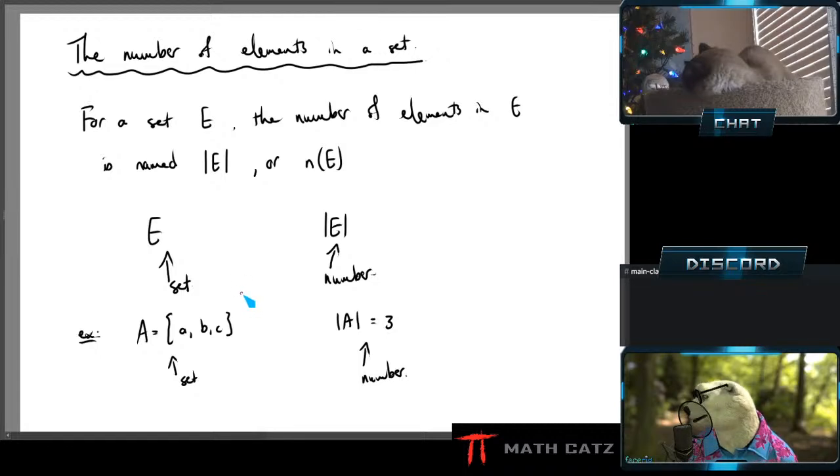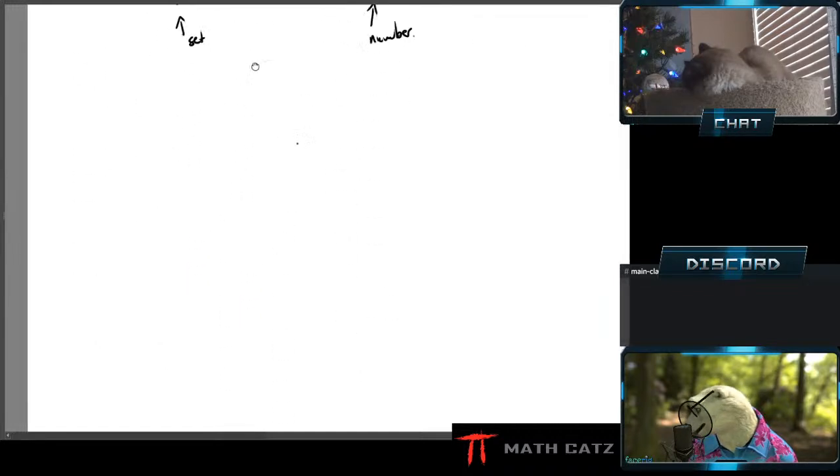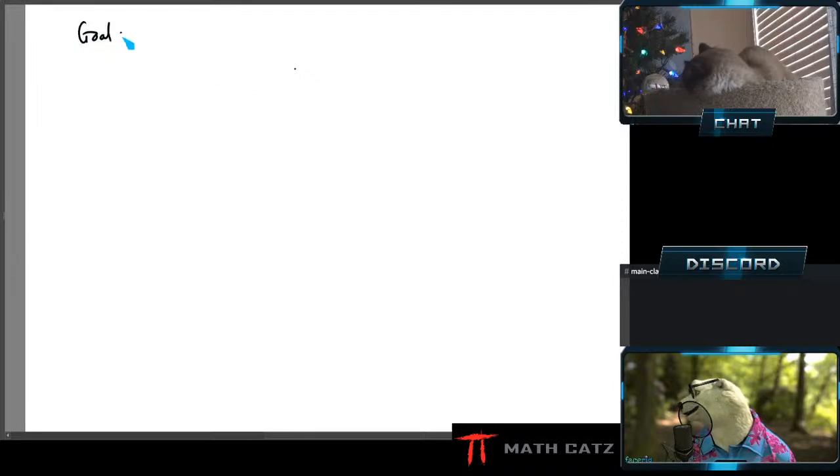Now, let's look at the first special case. Our goal is, in general, to understand that when I combine sets like an A and a B with a union, how does the number of elements change?